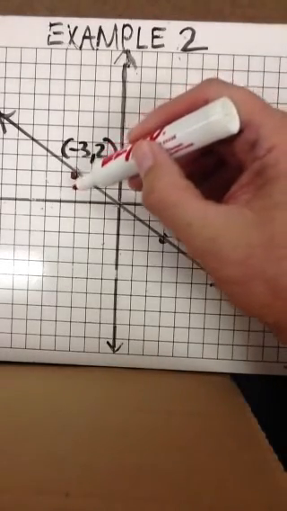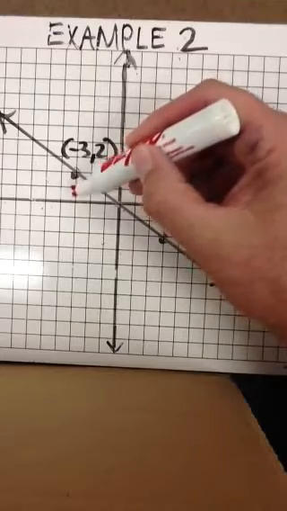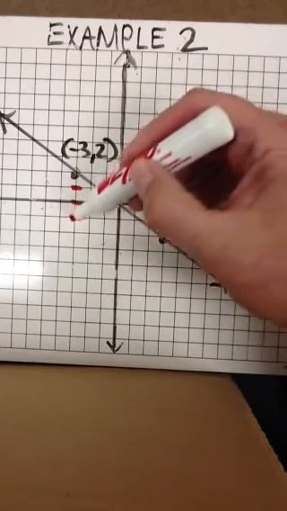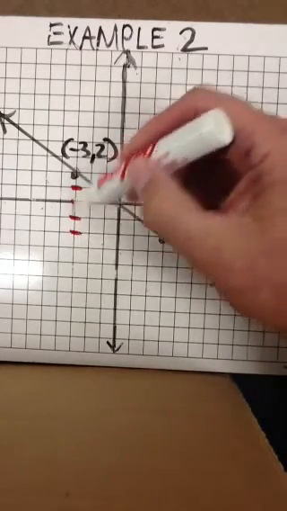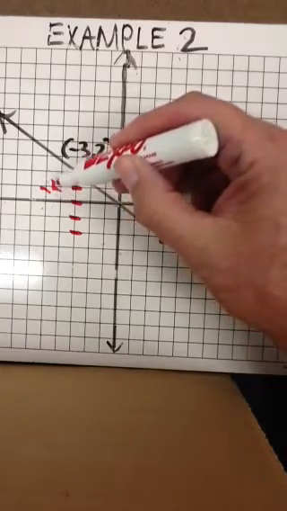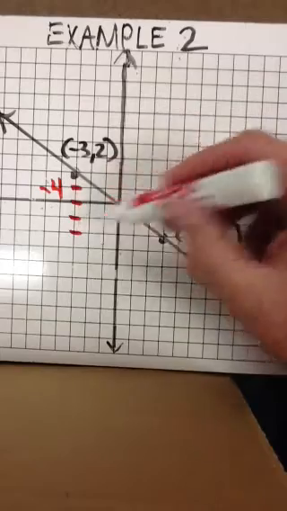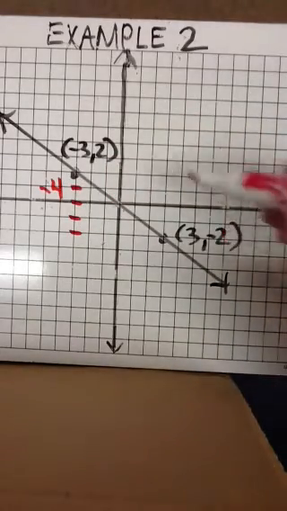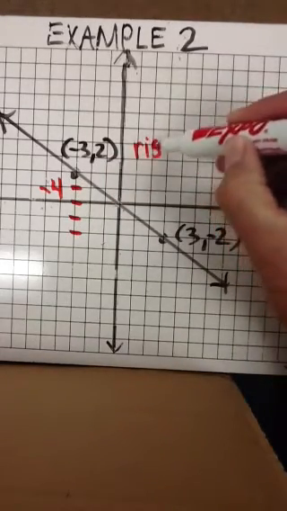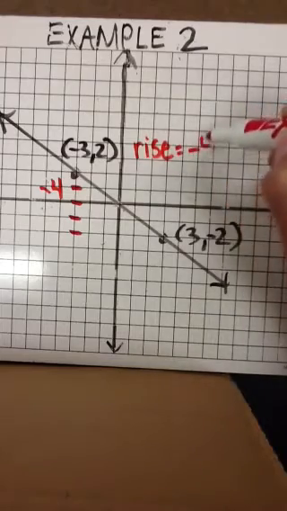So starting here, I need to go down 1, 2, 3, 4, and that's the negative y direction, because here y was equal to positive 2. All the way down here, y equals -2. So we went down. The rise then is going to equal a -4.